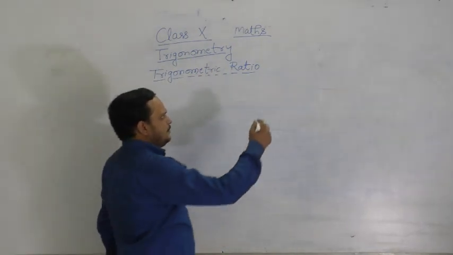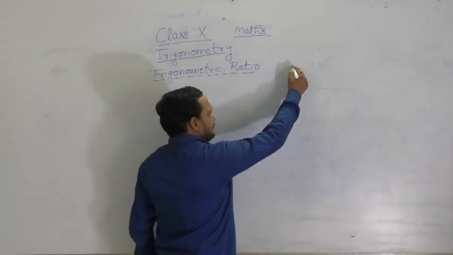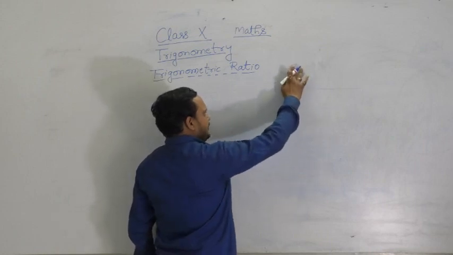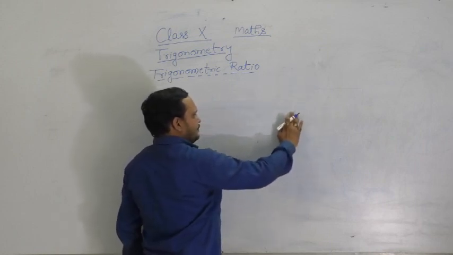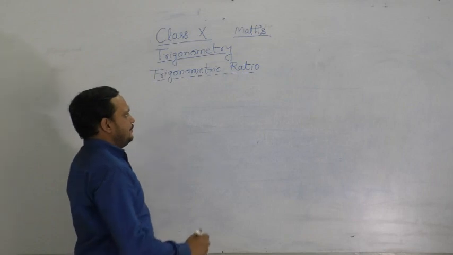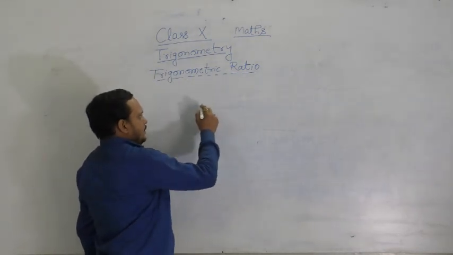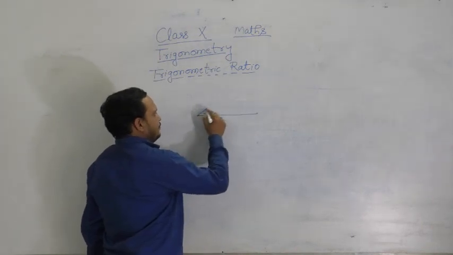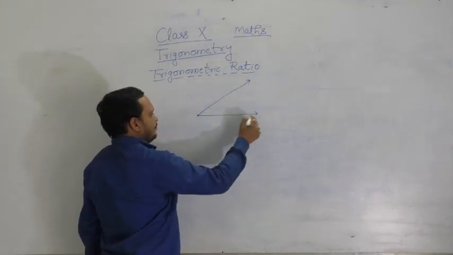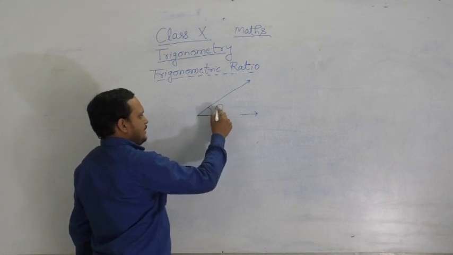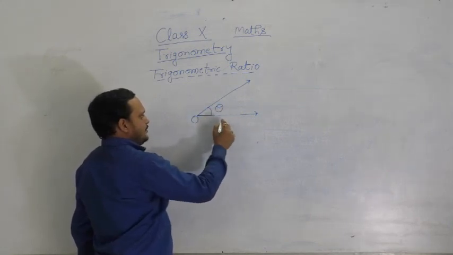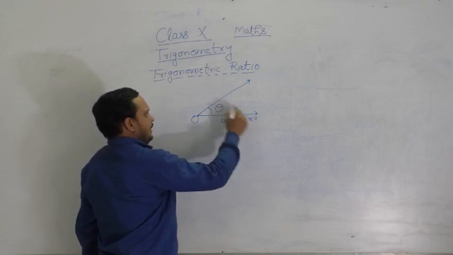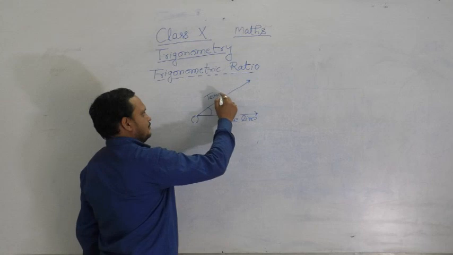Let us consider a right angle triangle. Before that, just see some important things: what is an angle? This is known as an angle having a common vertex. This is called the baseline, and this is called the terminal line.